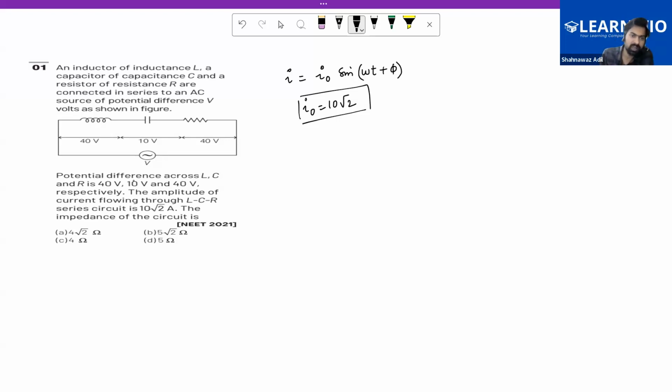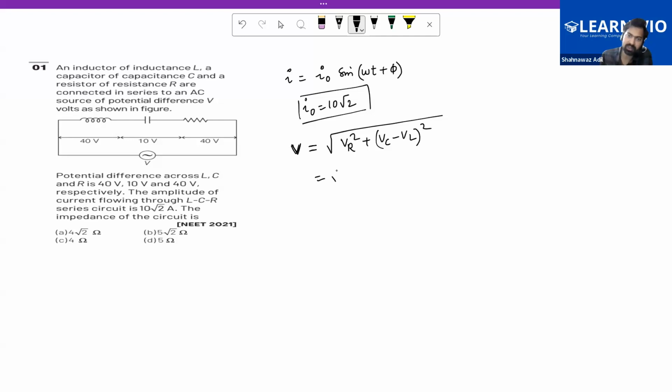So then we can write all these are voltages, right? So we can calculate what is the total voltage V. And remember, all these are RMS values which are given. So V would be root of VR square plus (VC minus VL) whole square.